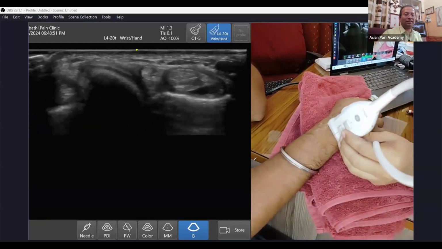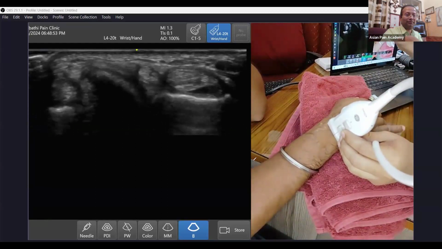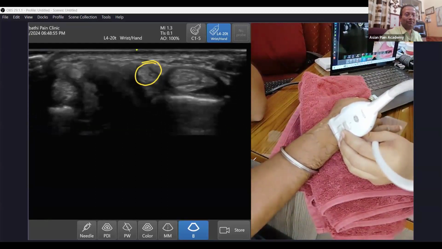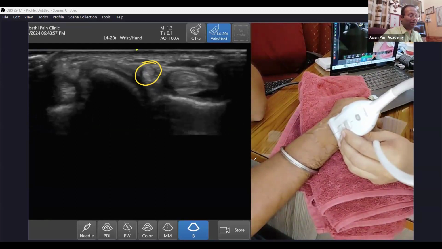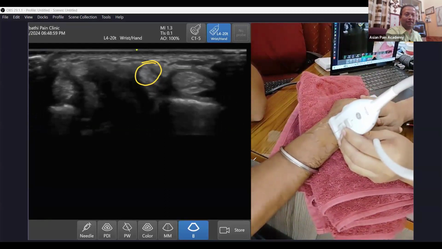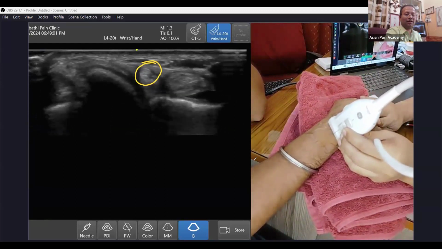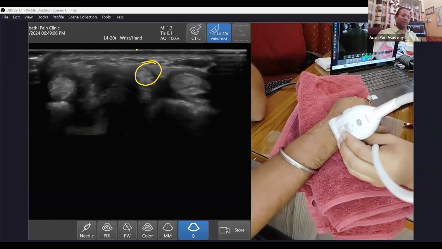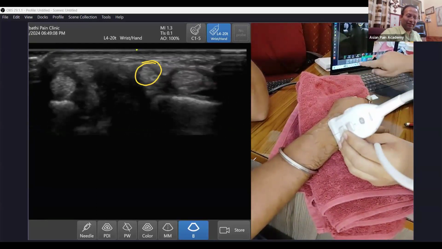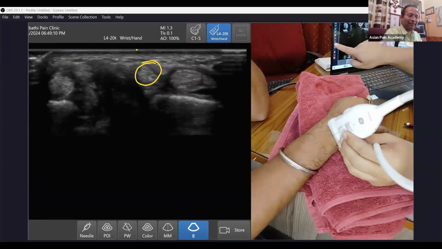Okay, so now you can see, I think. Just above the radioulnar joint, extensor digiti minimi. Okay, I think this much is clear.